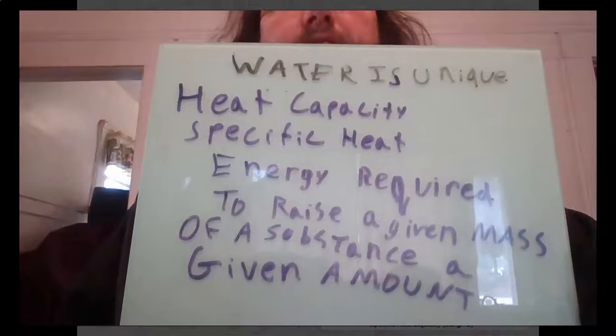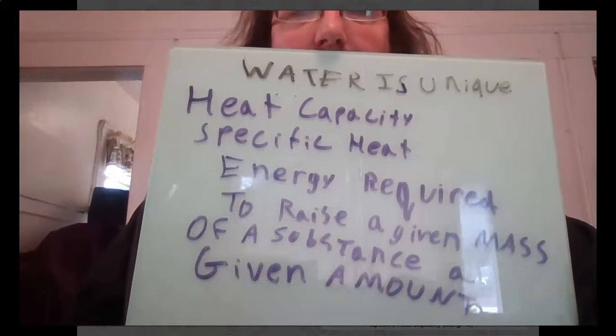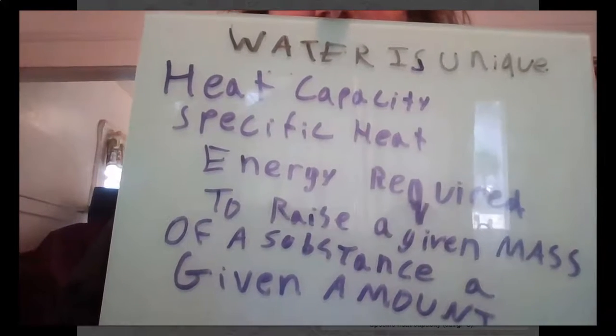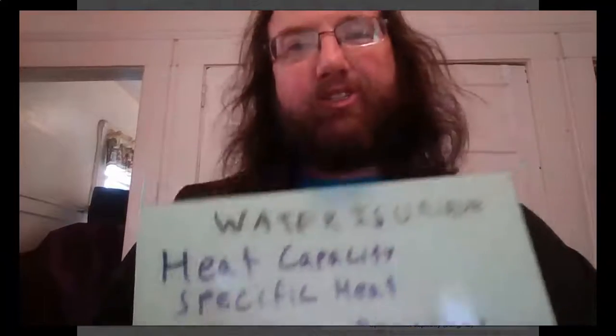So another way to think of this is heat capacity, or specific heat. This is the energy required to raise a given mass of a substance a given amount. Turns out, by the way, one of the unique qualities of water is that it has an extremely high heat capacity or specific heat.